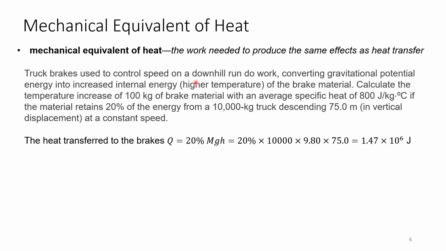Since the brake material only retains 20% of the energy from the truck going down 75.0 meter, the heat transfer to the brakes equals 20% times the gravitational potential energy, mgh. Well, h is 75.0 meter because it says it's the vertical displacement. And we get 1.47 times 10 to the power 6 joule.